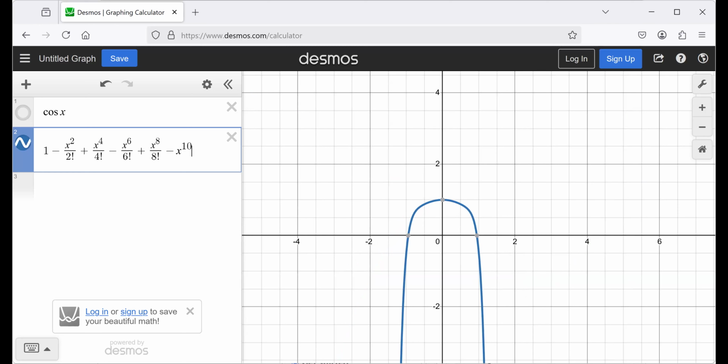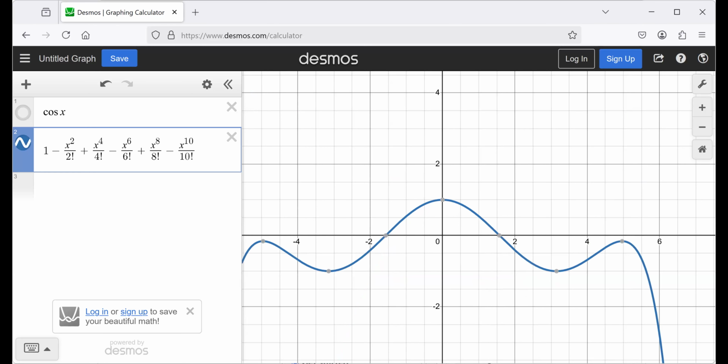And the more terms we add, the more this looks like the cosine. And of course, on Desmos, I can only write finitely many terms, but we've seen the idea of taking an infinite number of things and adding an infinite number of things together.